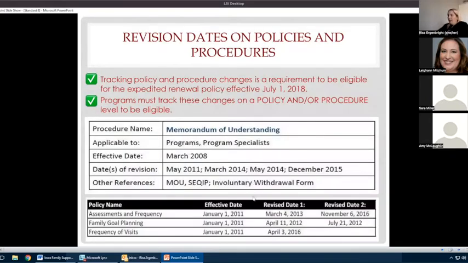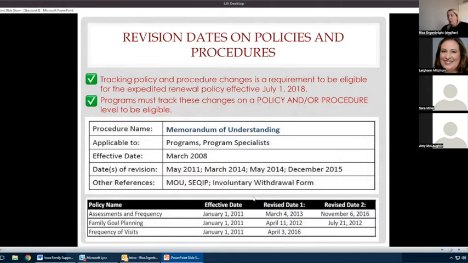The other thing I want to bring everybody's attention to is tracking the revision dates on policy and procedures. And this is required for participation in the expedited renewal process. If you don't currently have a system in place to track this, definitely look at doing that and putting that in place very soon, because it's a requirement to participate in expedited renewal.